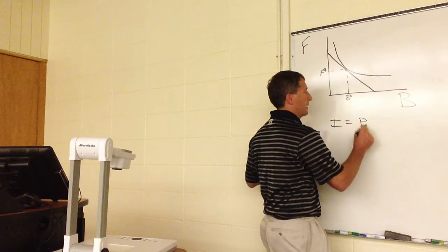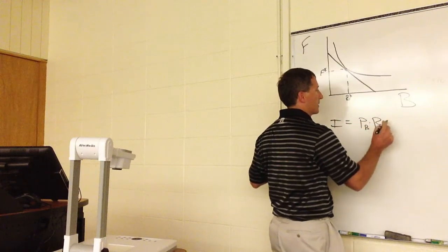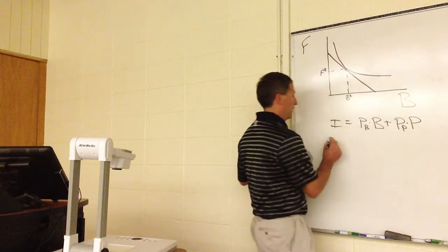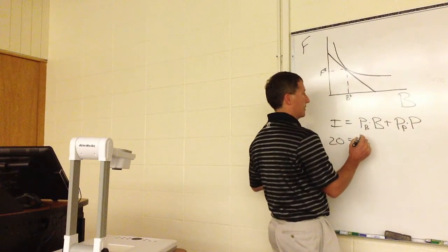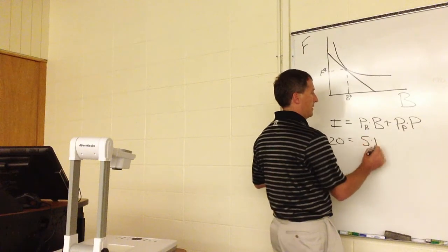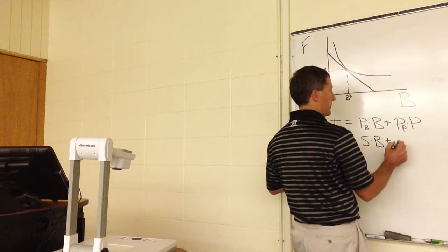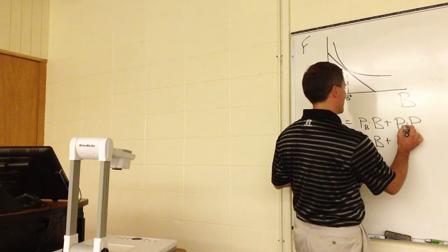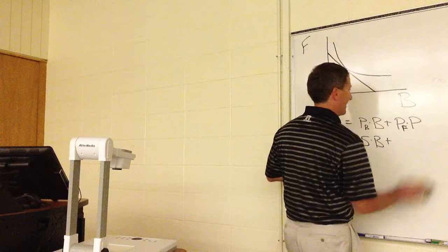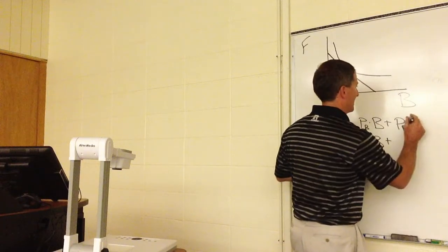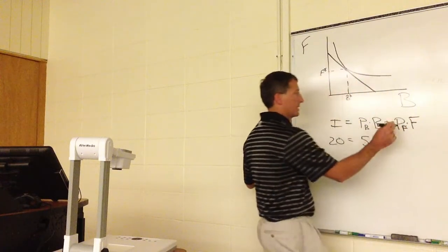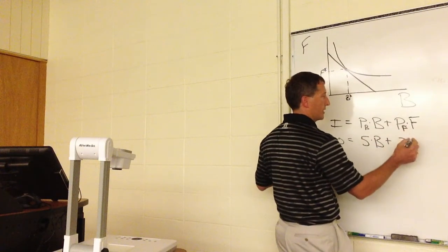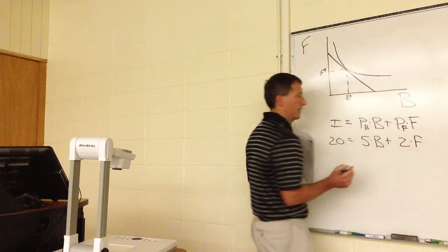The price of burgers times the quantity of burgers plus the price of fries times the quantity of fries. 20 equals the price of burgers, $5, times B, plus the price of fries, $2 for each fry, times the quantity of fries.